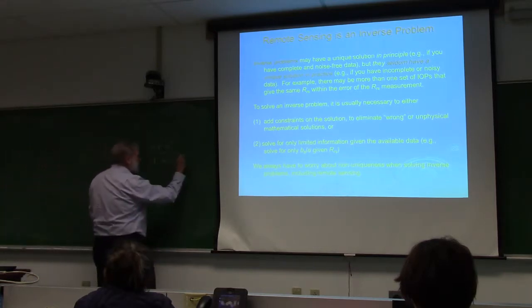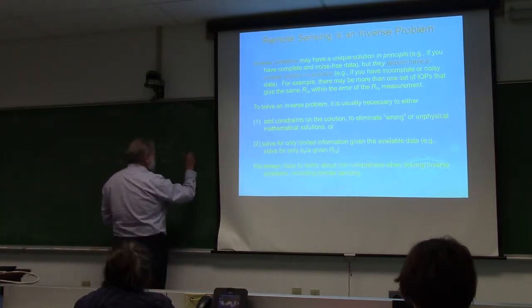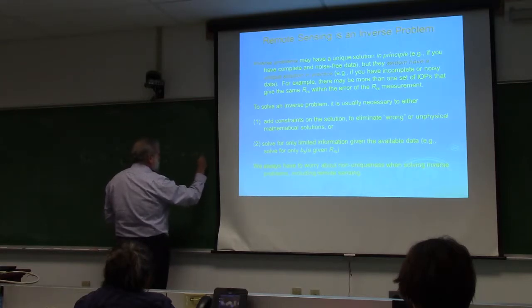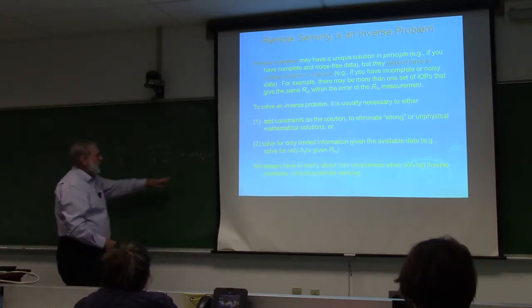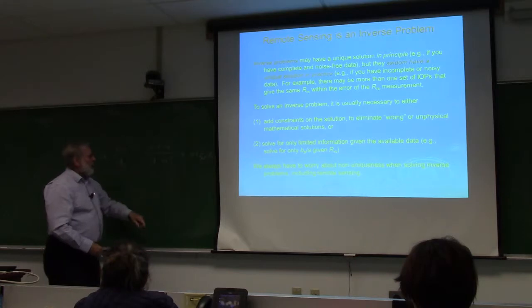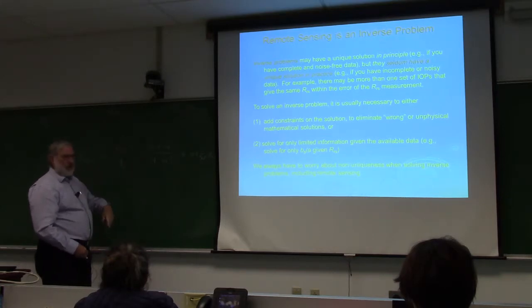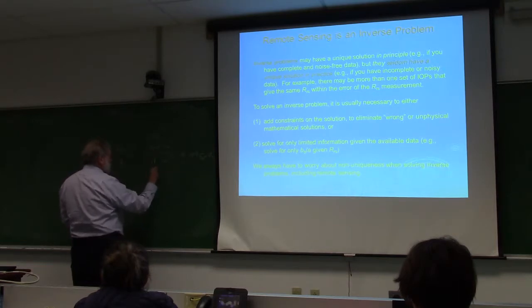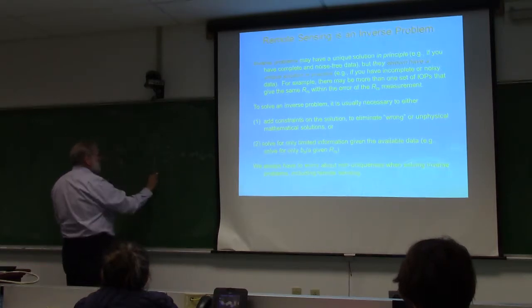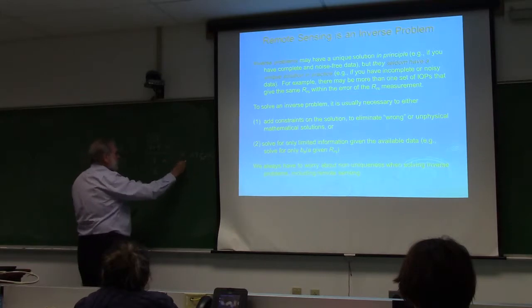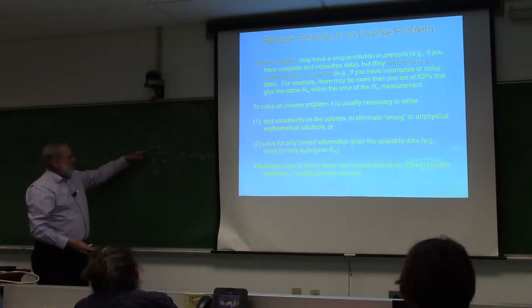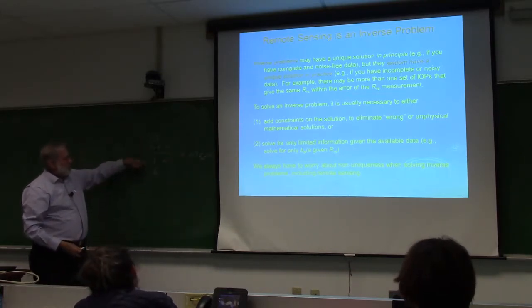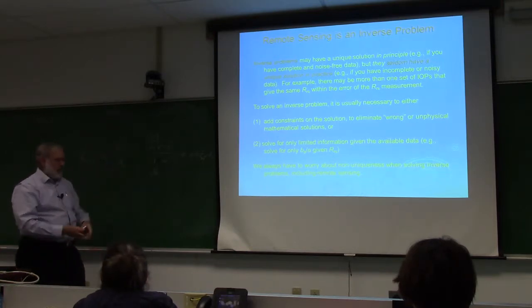So maybe that gives me 0.004 per steradian for Rrs. Okay, unique solution. On the other hand, if you give me this value, well, I could have this solution, or I could have 0.014 and 0.2. The ratio's the same, and I get the same Rrs. So I don't know which one of these was correct or any other set of values.